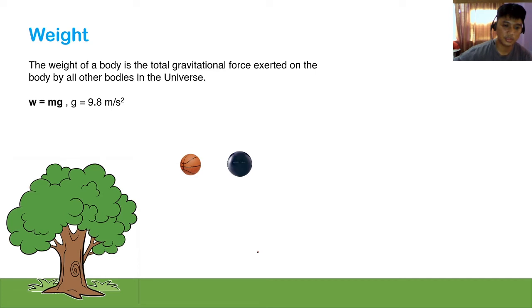So the sun still contributes to your weight, the planets. The earth still contributes to your weight, but now the earth is far away. So the only real contribution is when you are on the moon, the gravitational force that the moon acts on you. So I really like that definition.